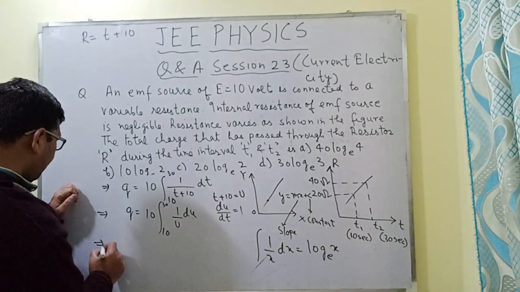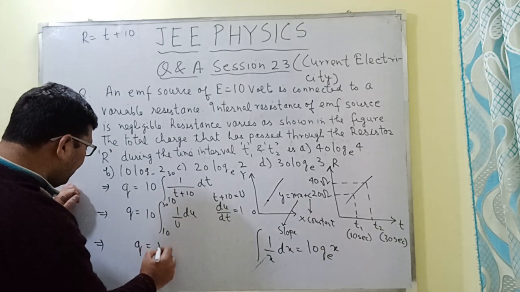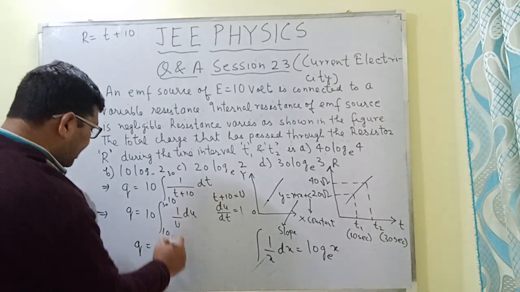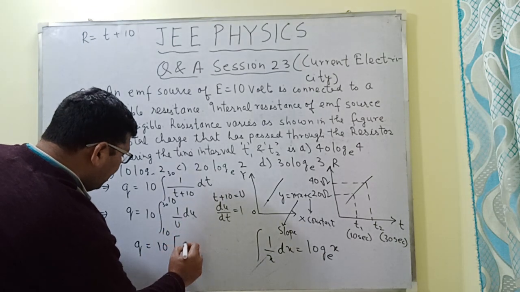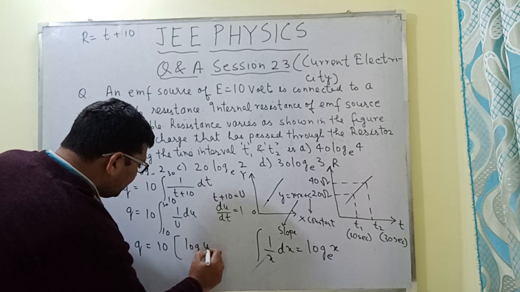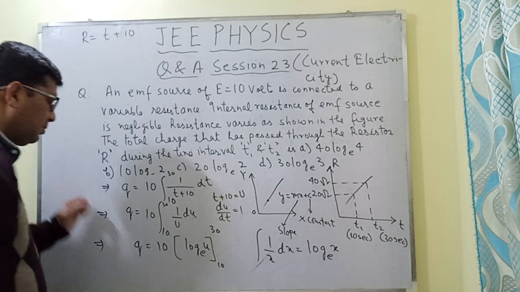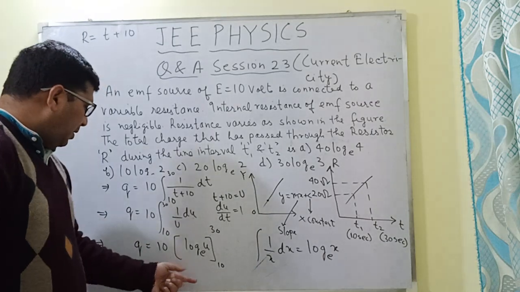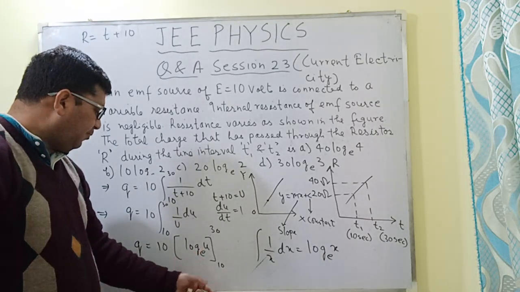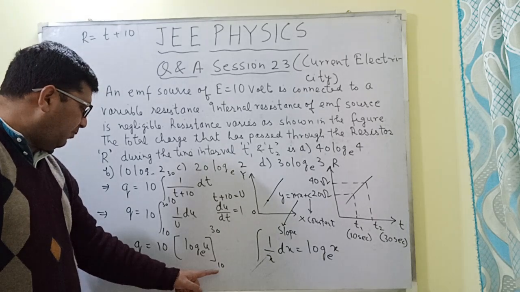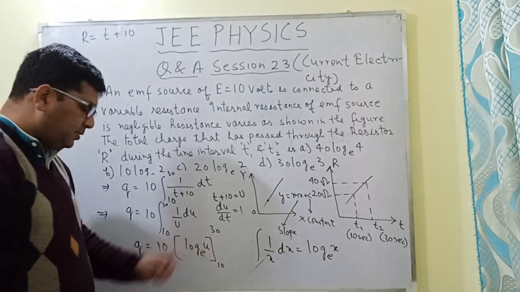So it implies that q is equal to 10 times log u to the base e, and we have to integrate it from 10 to 30.